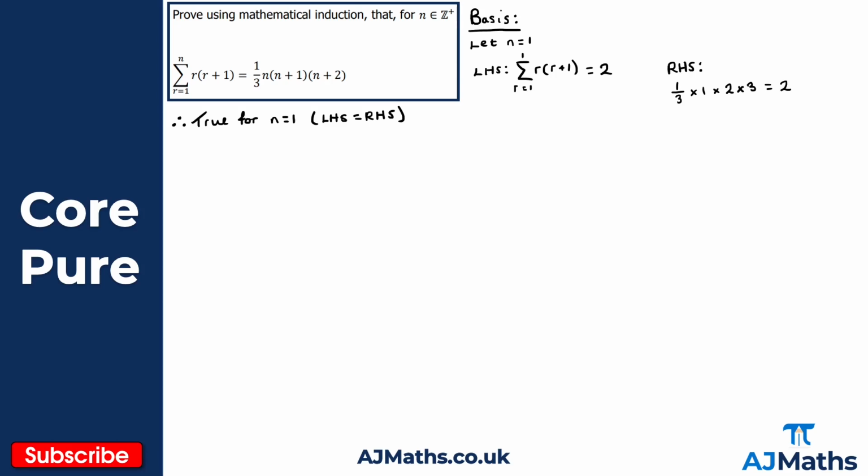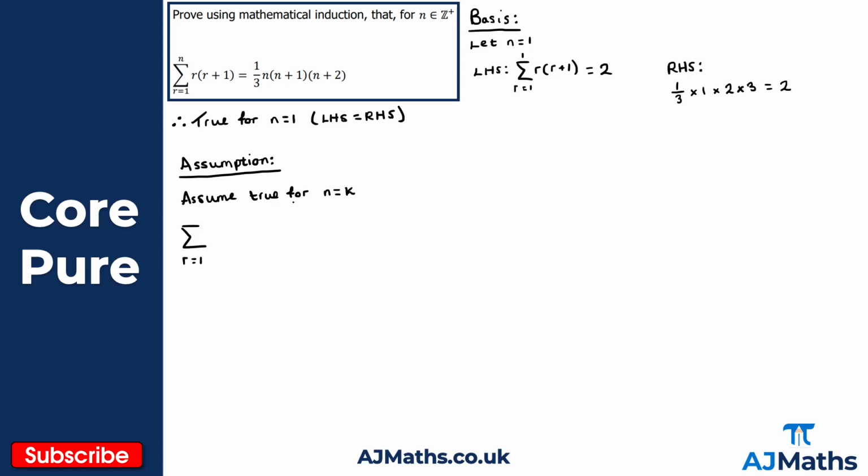We now move on to the assumption step here. For the assumption, we're going to assume that this is true for n equals k. Okay, so if we assume that this is true for n equals k, what I'm going to do now is just replace any n's here with k. I've got the summation from r equals 1.